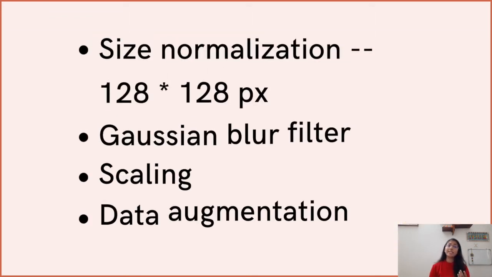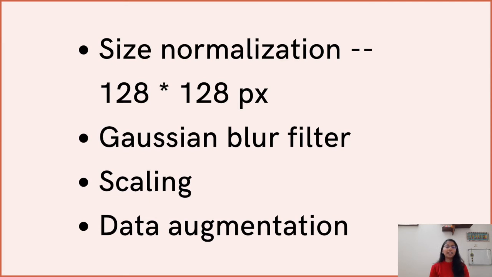So the first would be size normalization, where the final obtained image has dimensions of 128 by 128 pixels. Then noise filtering, where the Gaussian blur filter is applied to enhance the features and reduce noise in the images. Scaling is performed to enhance the images which have a very dark contrast overall. And finally, data augmentation is done to mitigate shortages in the data and fully utilize the data that is available.